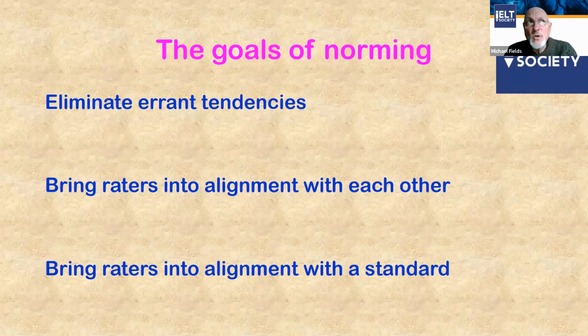We're going to get the same score from any rater. And that's really important, because if different raters give very different scores, then we're not capturing the performance alone. We're combining the performance with the rater's bias.